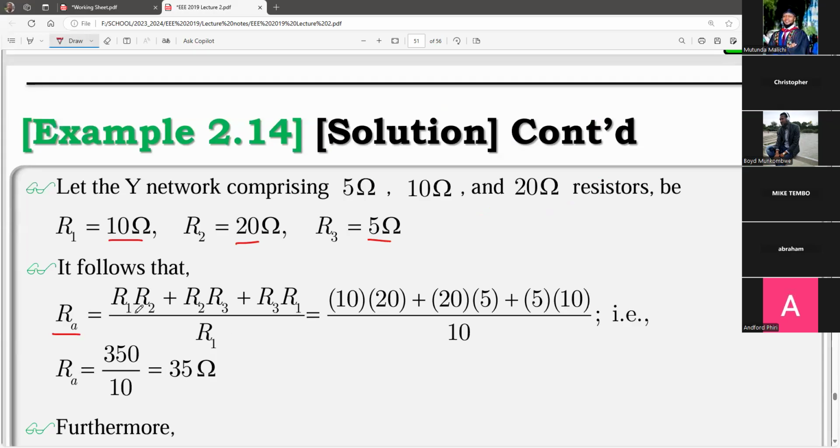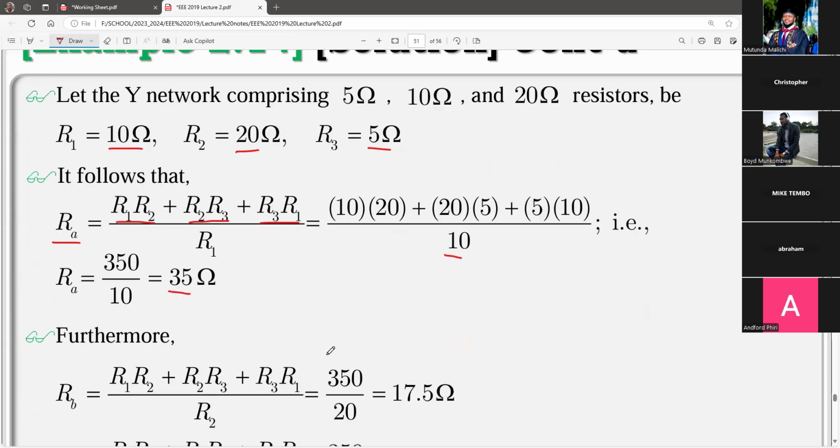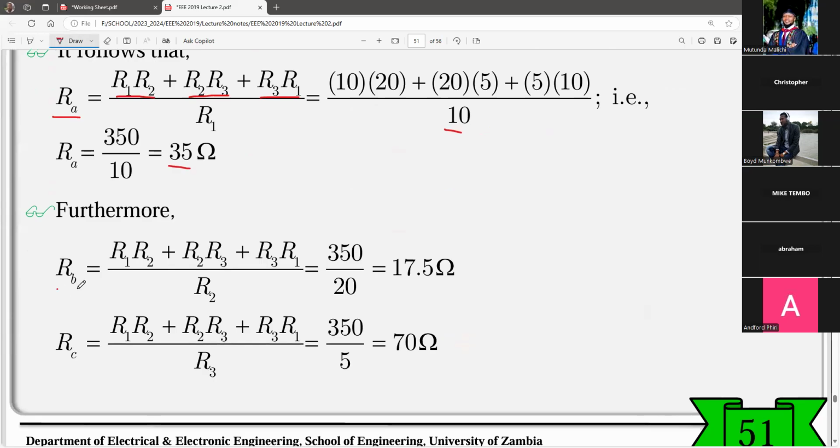Remember that product, any two products, but the sum, then you divide by the one that is opposite that. So it gives you RA to be 35. Okay. You come for the other one, RB, the numerator is still the same 350. Divided by the one opposite, or the one that is not connected where RB is connected, to give you this. Go to RC, you get that.